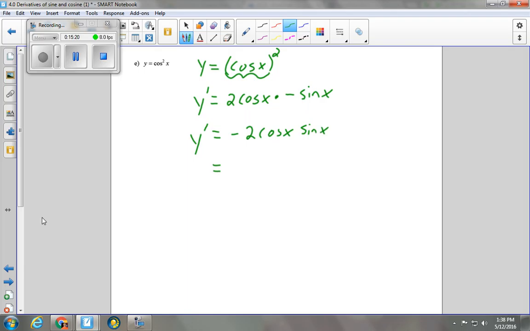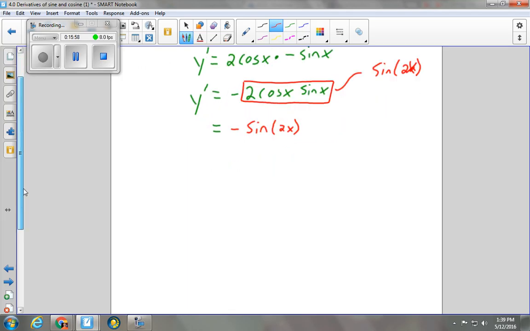And one of our identities is that 2 cos x sine x is just equal to sine 2x. So in the end, this just becomes negative sine 2x. Negative 2? Oh, no, we leave the 2 up there. The 2 was part of that identity. Yeah.